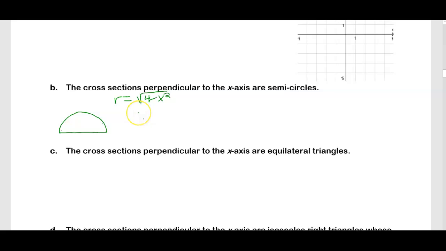So volume, 1/2 pi. How do I know which one to do it?